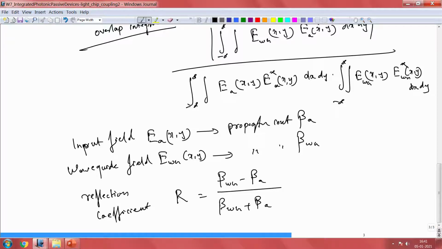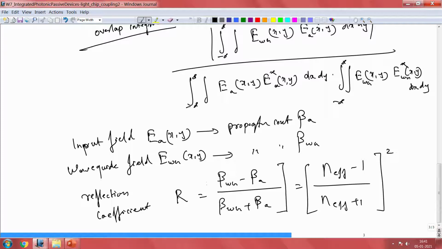So this is our reflection coefficient, or in other terms you could call this as effective index if you are coming from air. So effective index minus 1 and effective plus 1, the whole square. Sorry, I missed the square here, so there should be square here. Okay.